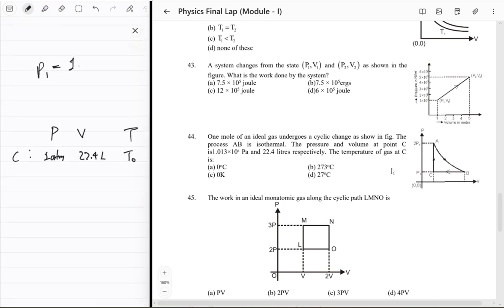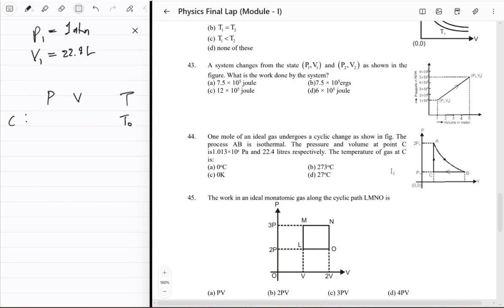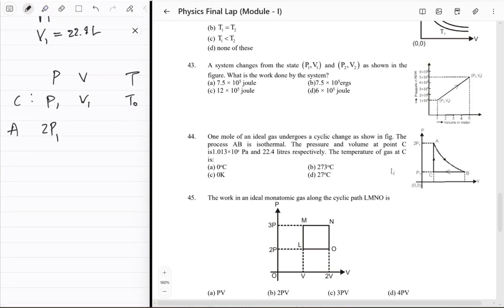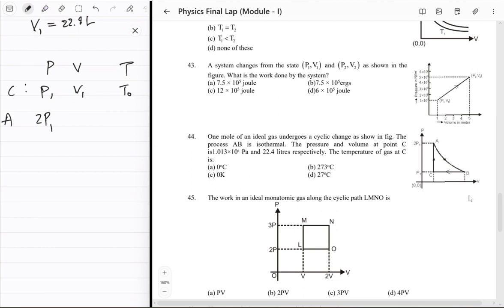P1 is just equal to 1 atmosphere and V1 is equal to 22.4 liters. ठीक है, so it's P1 V1 that is at C. फिर क्या हो रहा है, फिर A पे it's 2P1 और temperature का कुछ बोला नहीं, अच्छा volume constant है, right? So yeah, it is going to be the same stuff. P1, so temperature will just be 2T naught.